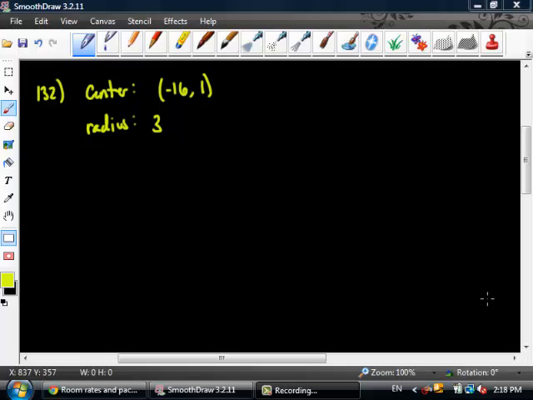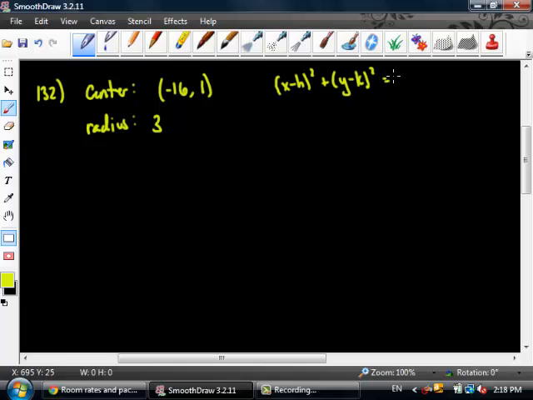All right, so we last left off in the 120s, so I'm going to get started with number 132. We're being asked to write the equation of a circle with a center at negative 16, 1 and a radius of 3. Remember, the equation for a circle is (x minus h) squared plus (y minus k) squared equals r squared, where the center is h comma k, but it's opposite your intuition inside parentheses.